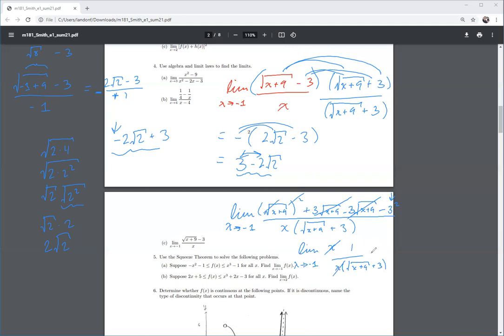And then, oh yeah, look at that. We get something slightly different. So then if we plug in limit as x approaches -1, actually, I'm not really sure why I'm rewriting that. I can just plug in -1 from here, right? So then this becomes 1 over -1 plus 9 plus 3.